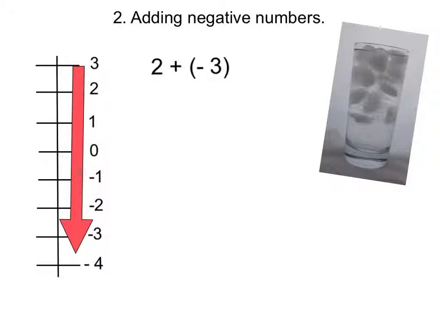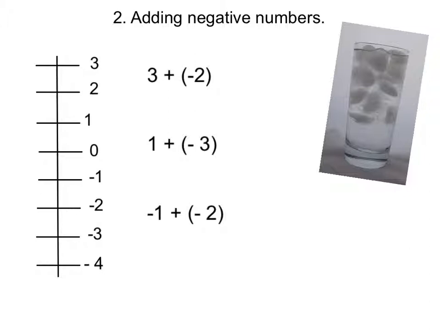The ice cubes are cold, so they're going to be negative in temperature, and they bring the temperature of the whole glass downwards. And because it's bringing it downwards, it's exactly the same as 2 minus 3. So we start on 2 and go down by 1, 2, 3, and we get the answer minus 1.